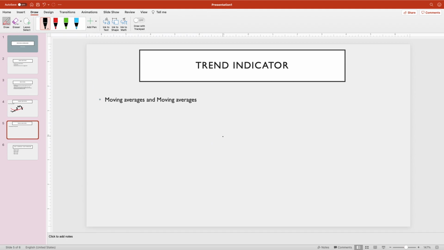So let's say, for example, we have a stock that is moving within a specific time period. Let's say we are looking at a daily chart. So if we had a downtrend, and let's say that this is a 50 EMA, and the red is going to be a 20.